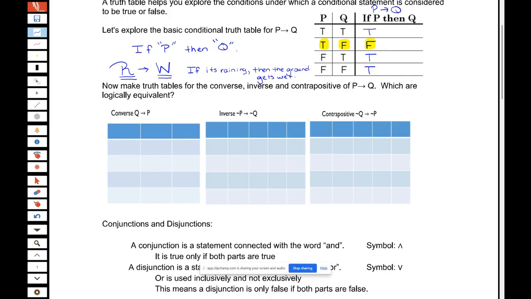So let's just look at the converse. Q implies P. All right, I'm still going to start with P and Q. And when we do our truth table, for two variables, we're going to have 4 rows, because the 4 possibilities are that P can happen and Q can happen, or P can happen and Q cannot happen, or P cannot happen and Q does happen, or P does not happen and Q does not happen.